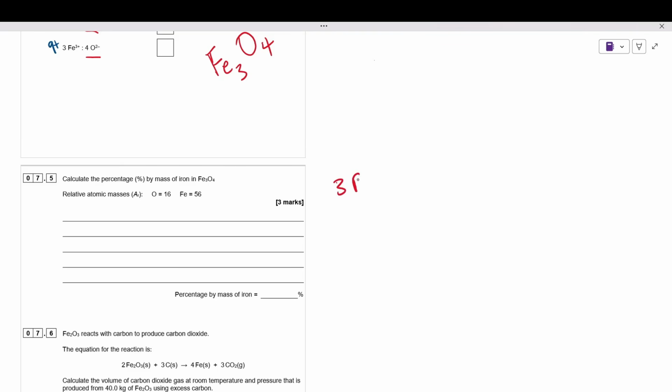So we have 3 Fe, the mass of 3 Fe divided by our Fe3O4, and then we're multiplying that by 100 to find the mass of iron in the entire compound. Okay, so let's find the MR first. So MR, that's going to be 3 times 56 plus 4 times 16.